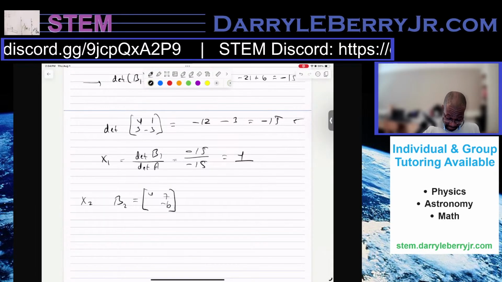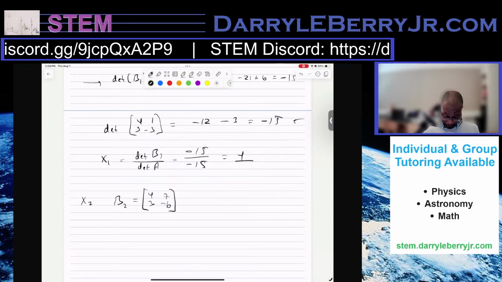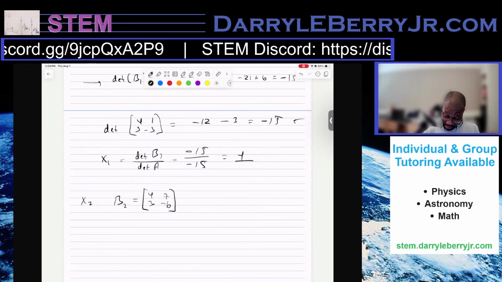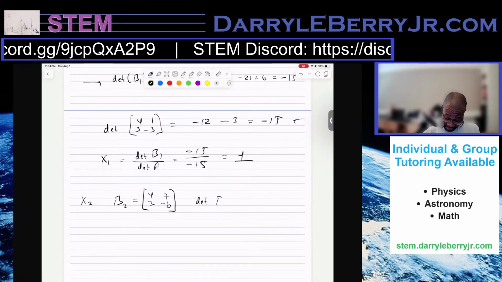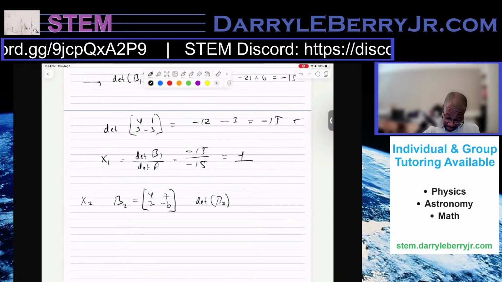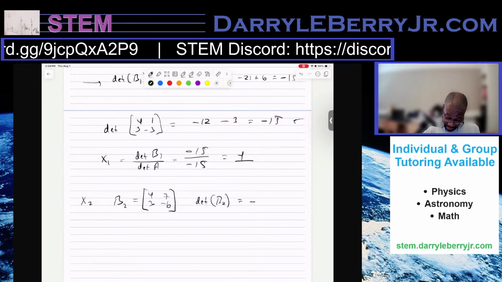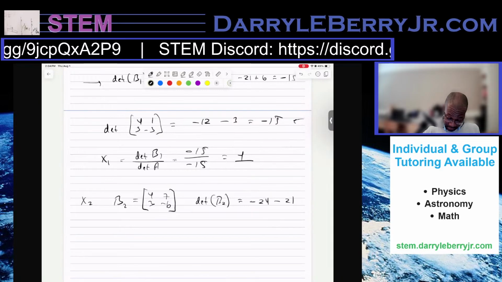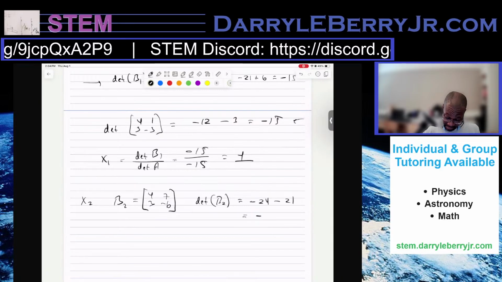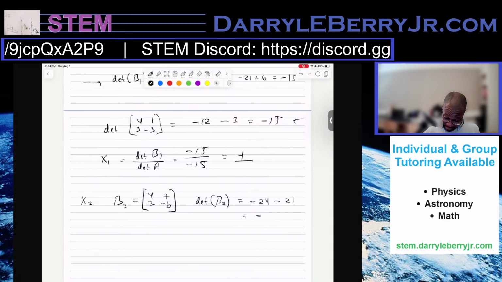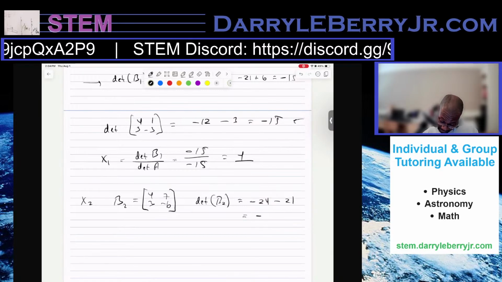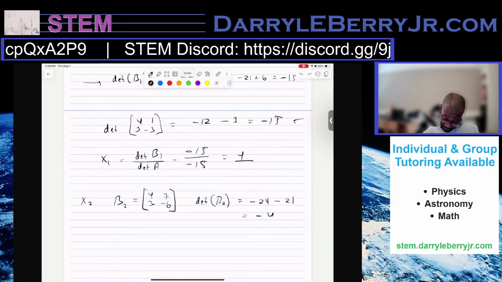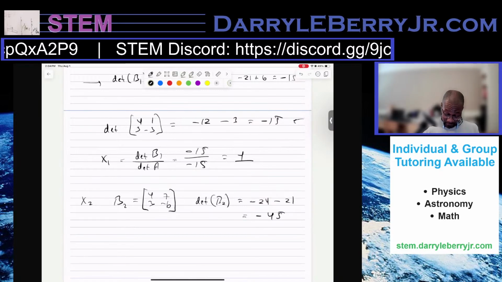And my first column remains the same. Now I need the determinant of B2 to plug into the equation. So that's going to equal -24 minus 21, which is -45.